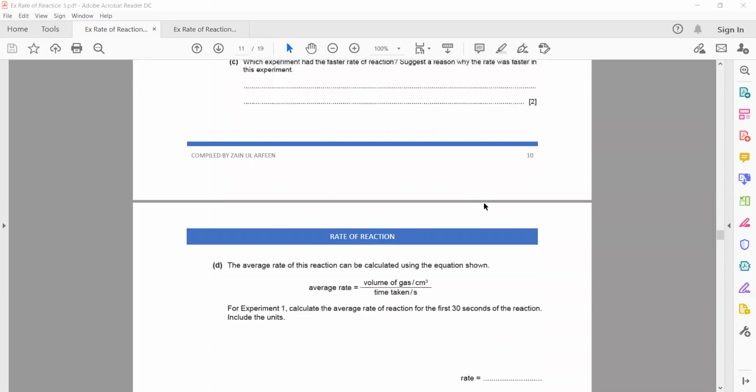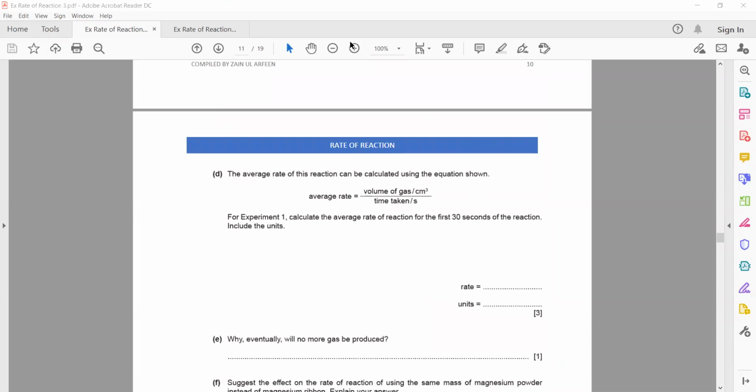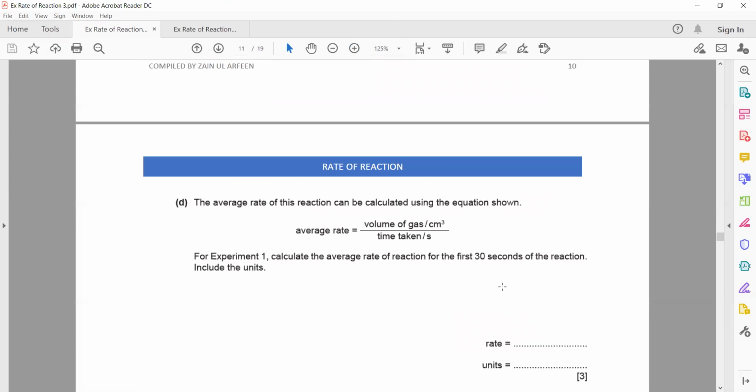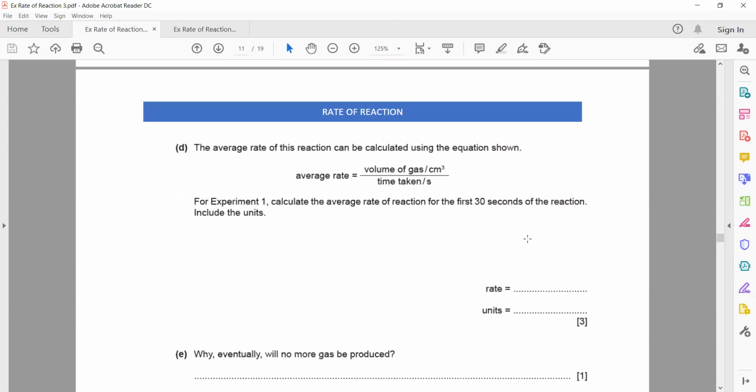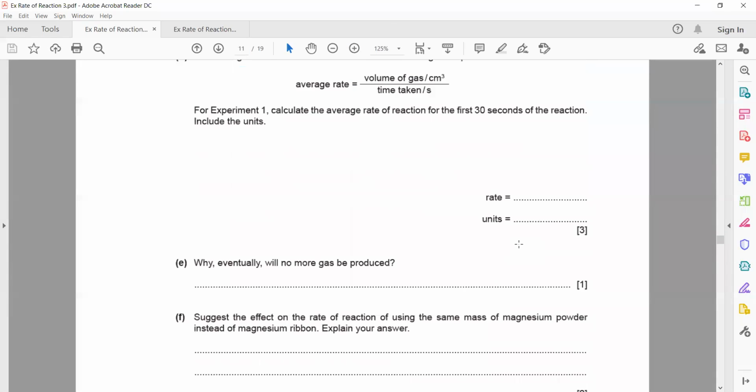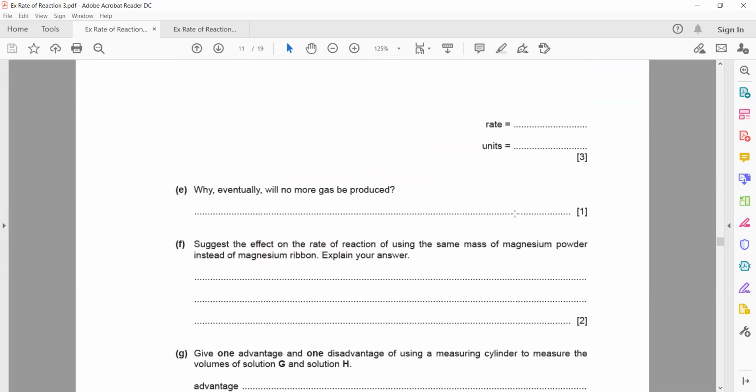Because in the question they mentioned the first 30 seconds only. Calculate the rate for the first 30 seconds. So find the volume when the time is 30 seconds and divide by 30, and you will get the rate. The unit of the rate is cm³ per second. Why? Because the volume is in cm³ and time is in seconds.